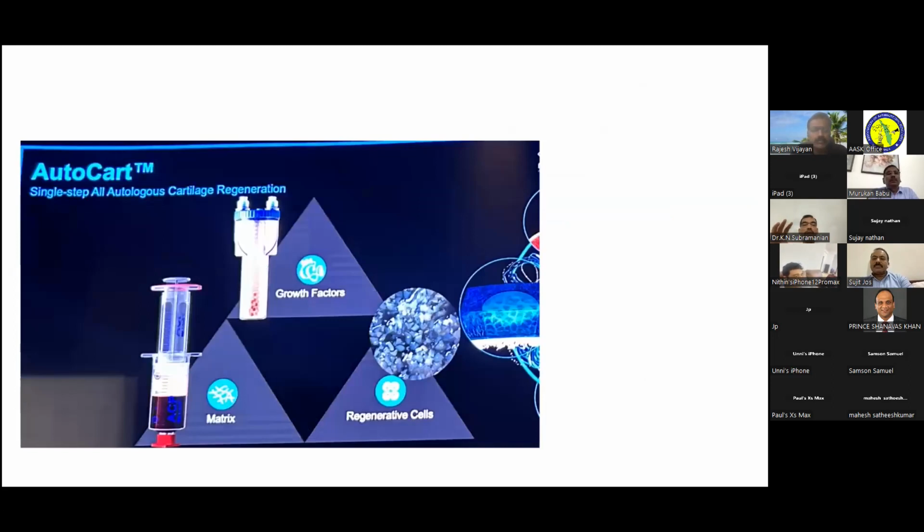The three things are ACP, or the cartilage autologous conjugate plasma, which is the matrix. Regenerative cells are the cells that we are taking out, and growth factors are the ones that we are also injecting on top of that. So all three working together can form a nice cellular area which can mimic almost a normal cartilage. There is a science behind it.